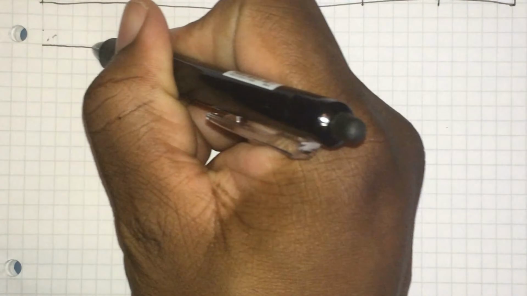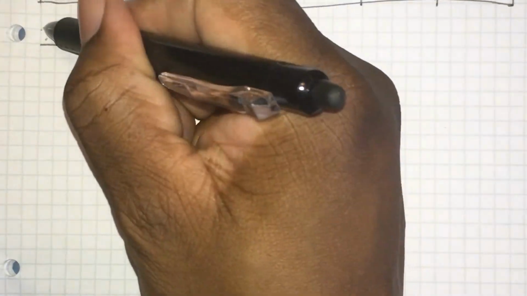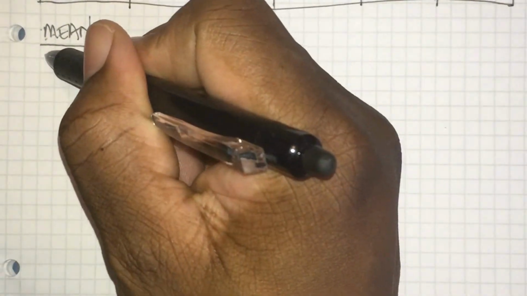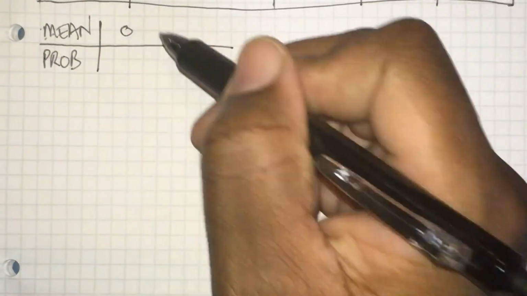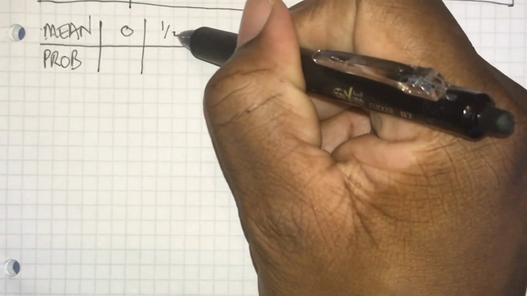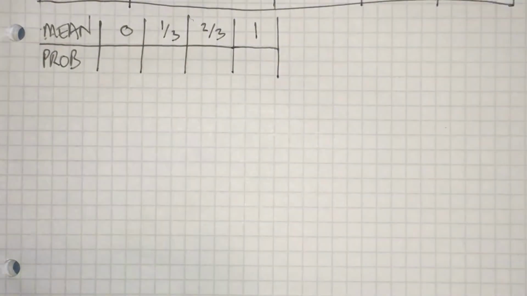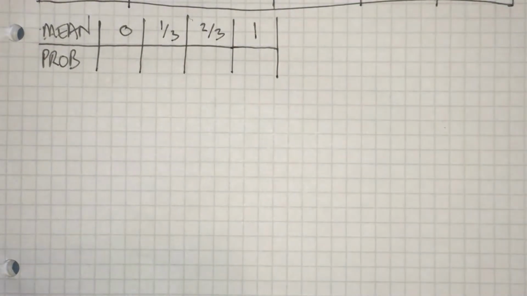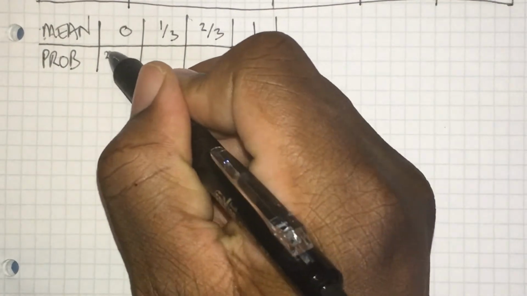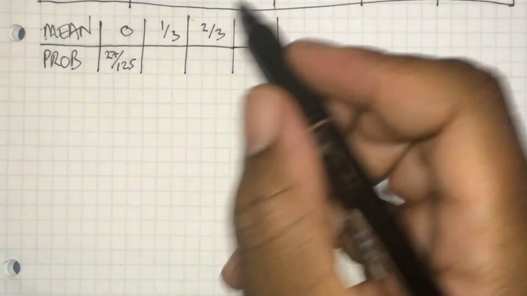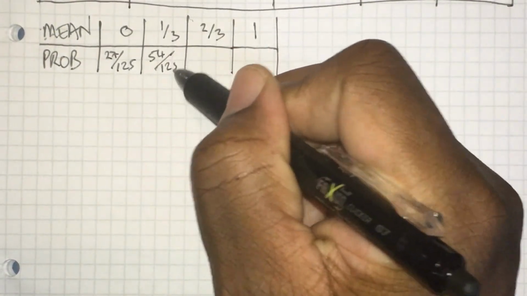Okay, so from here, I'm just going to regroup all of the possible means that we might have. So we only saw 4 possible mean values. Either the mean was 0, it was 1/3, 2/3, or we had a mean of 1. So for each of these, what's the probability that they occur? There was only one outcome that led to a mean of 0, and its probability was 27 over 125.